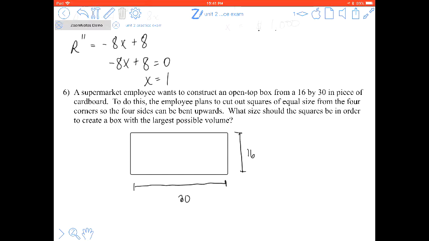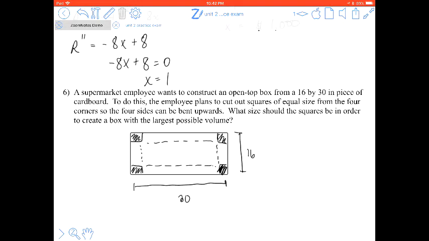Now, what's going to happen is this employee is going to cut a square out of each corner, same size square. So these are going to be cut away. And then this flap here, this flap, that flap, and that flap, those are all going to be folded up to create a box with no top, an open top box.